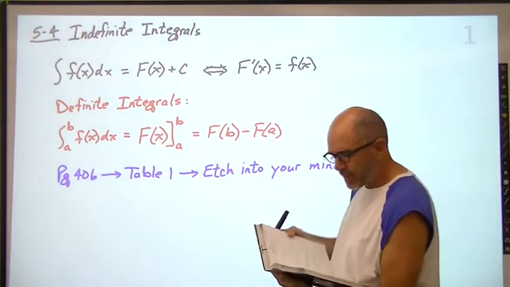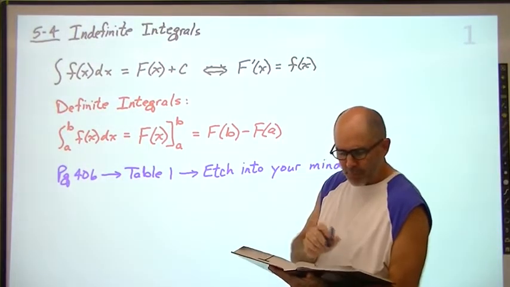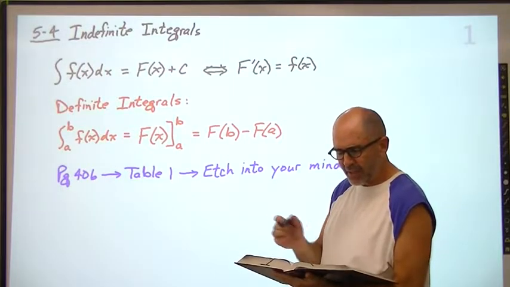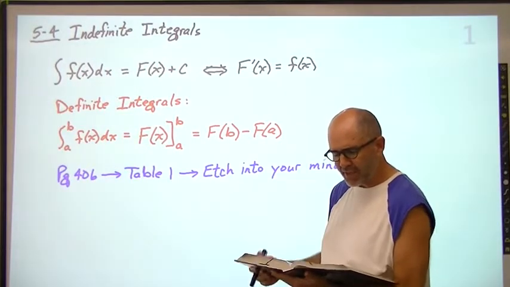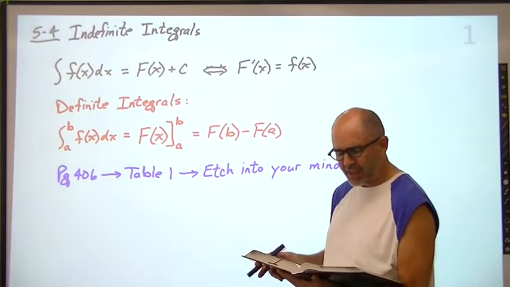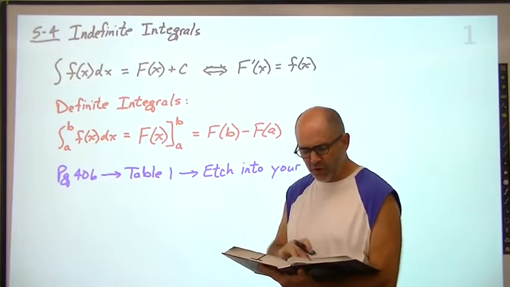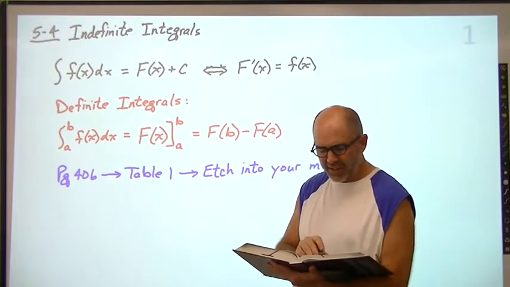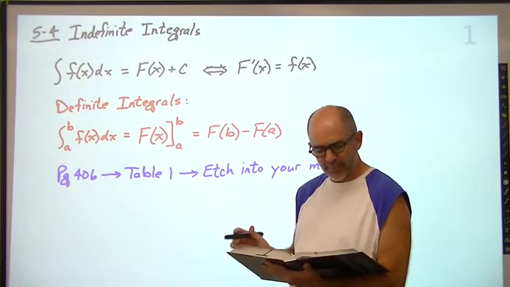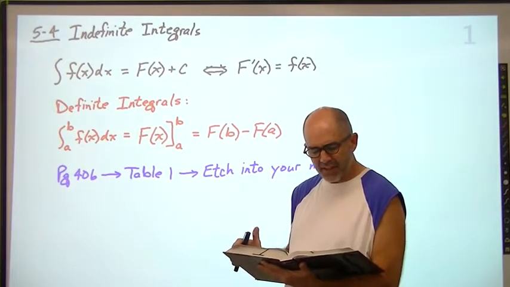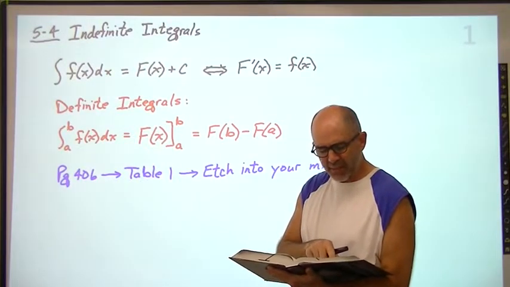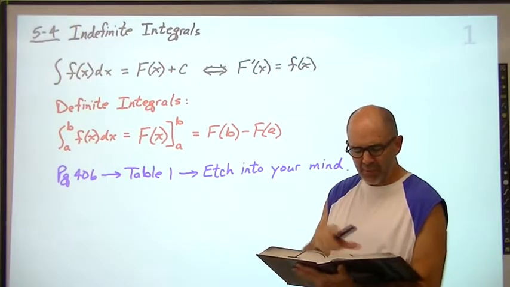Okay, so that's what we have here. We've got the properties. The integral of c times f of x dx is going to be c times the integral of f of x dx. That's just saying you can bring out a constant outside the integral and integrate the function. It also says that the integral of a sum of functions is the sum of the integrals. It also says that the integral of a constant is just going to be that constant times x plus c.